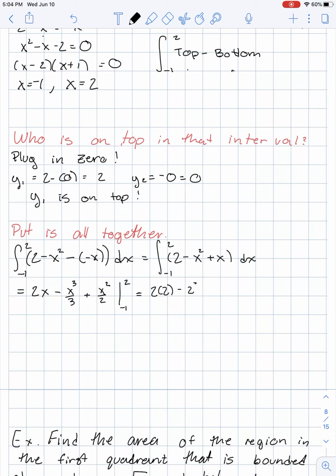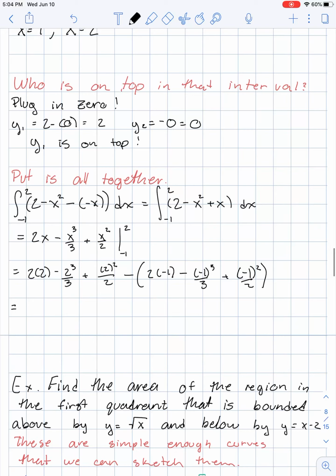All right, so let's plug in 2. So 2 times 2 minus 2 cubed over 3 plus 2 squared over 2, minus, plug in negative 1: 2 times negative 1 minus negative 1 cubed over 3 plus negative 1 squared over 2.